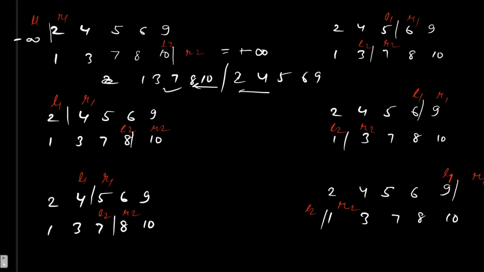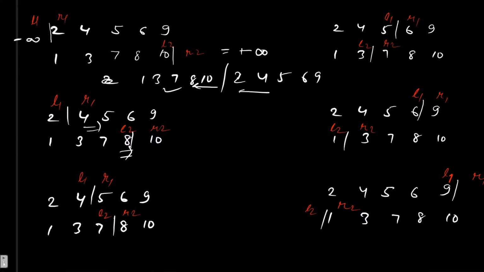Again, looking at the second test case, here I have taken one element from array 1 and four elements from array 2. So L1 will be 2, L2 will be 8, similarly R1 and R2 will be 4 and 10. Looking at this, there are elements like 8 which are greater than elements from the right side.